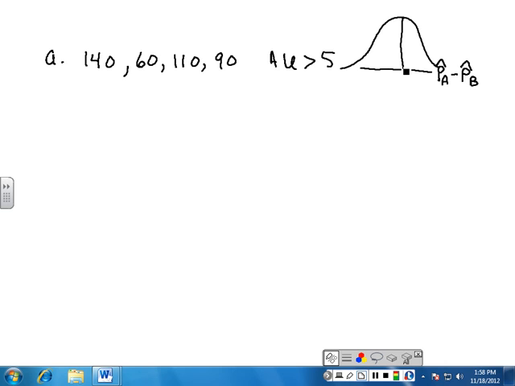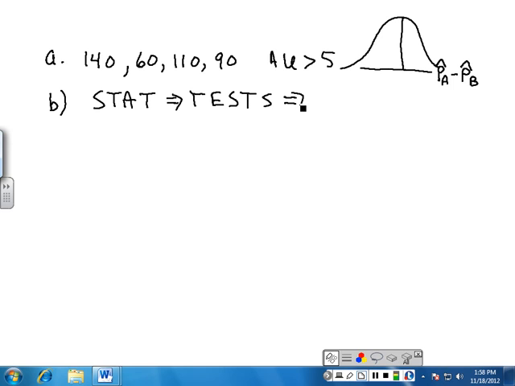So question B says, use your calculator to construct a 95% confidence interval for the difference between the 2 proportions. So if you go on your calculator and do stat, tests, I think it says 2-PropZInt.